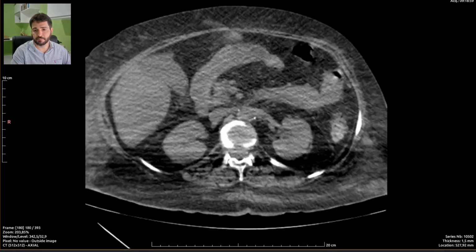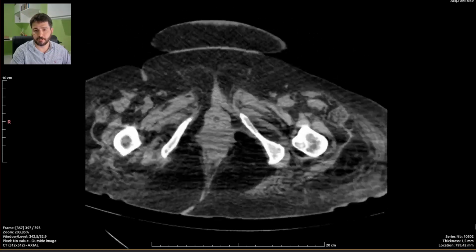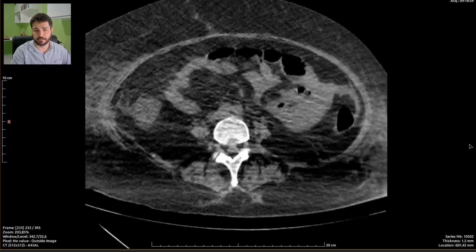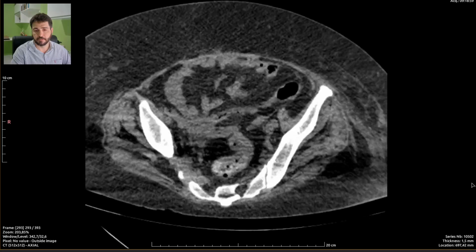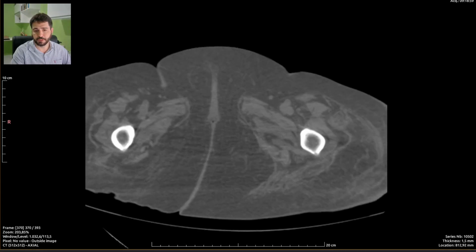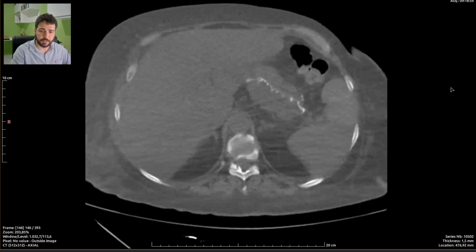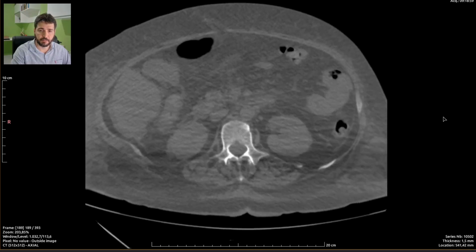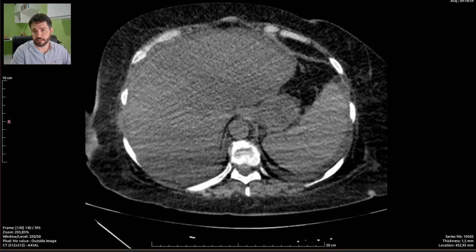This exam is mostly artifacts of all kinds and sorts, so it's quite difficult to tell any disease from it, so we're going to do our best, because this exam must be reported no matter what, because exams to this day don't report themselves.